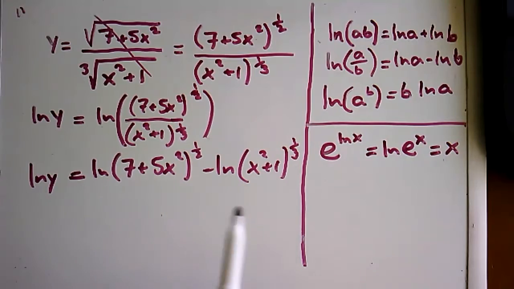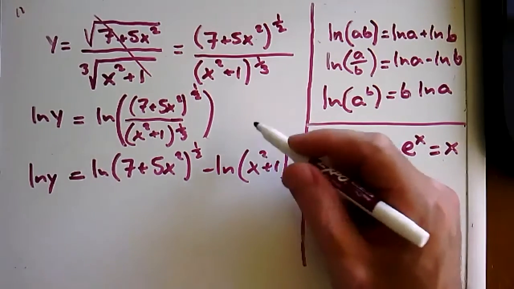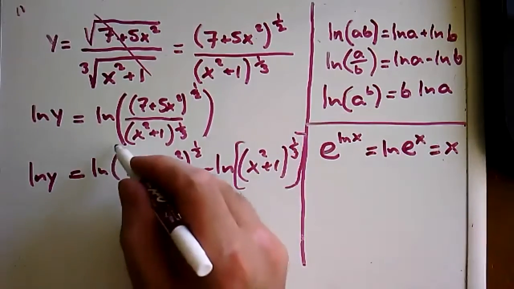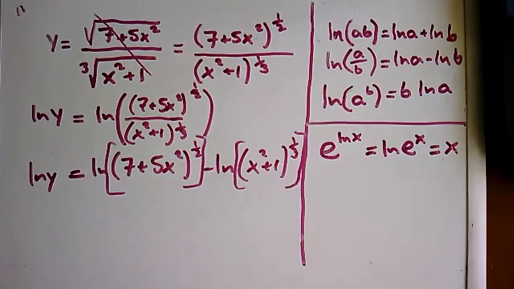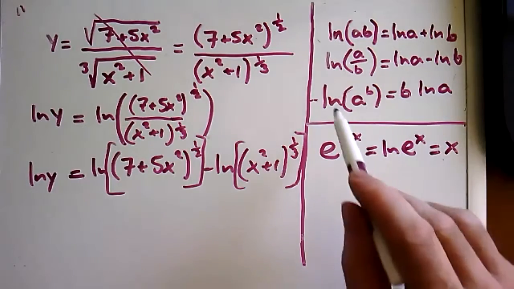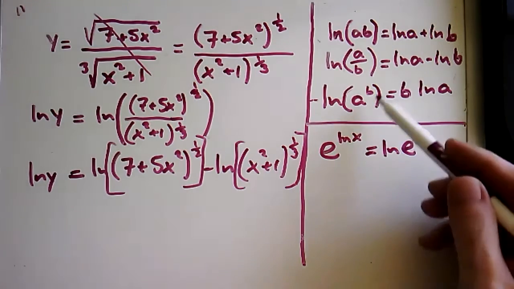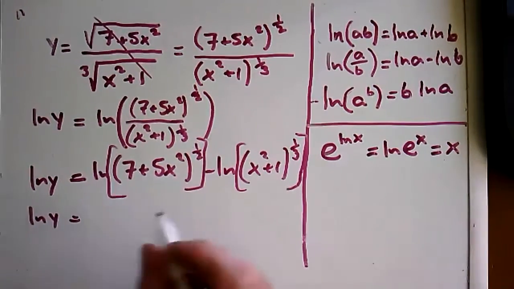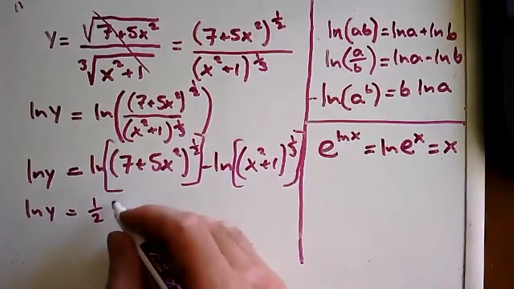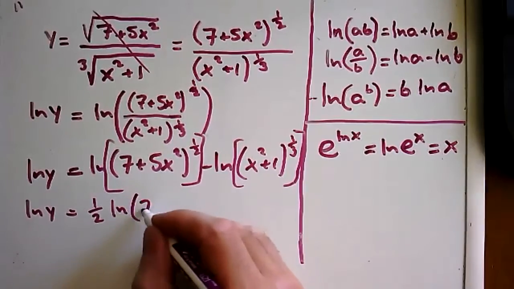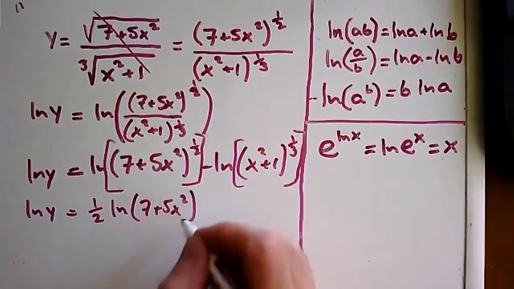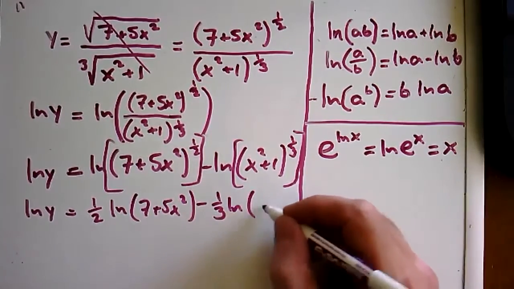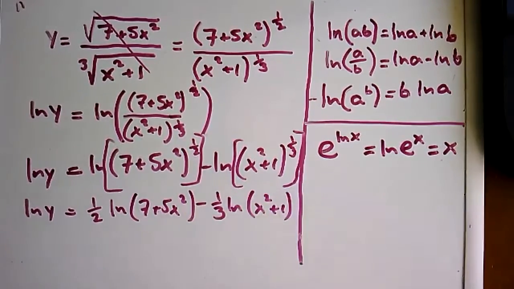Let's see what else we can do. My parentheses aren't fantastic here. I should probably have something like that just to indicate that the 1/3 power and the 1/2 power are still parts inside that logarithm. Now I can use the third property, the exponent rule for logarithms, which says we can take our powers and write them out in front as a coefficient. So now we have natural log y equals 1/2 times the natural log of 7 plus 5x squared, minus 1/3 times the natural log of x squared plus 1.